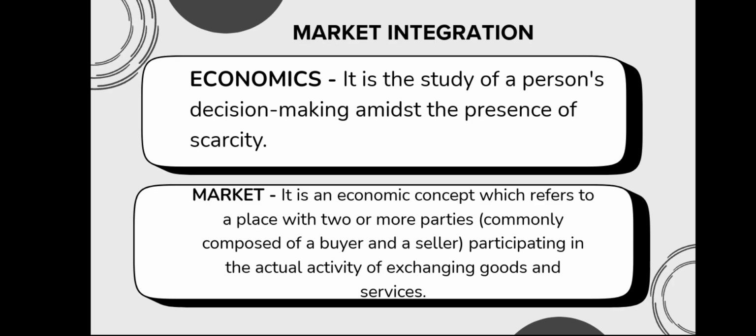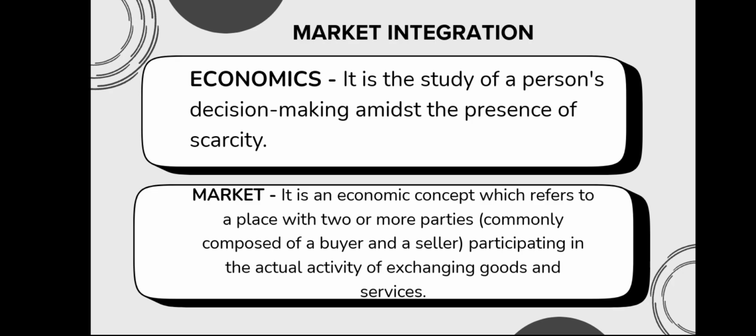Next, market. It is an economic concept which refers to a place with two or more parties, commonly composed of a buyer and a seller, participating in the actual activity of exchanging goods and services. So, market is the place where people buy and sell things. How does market connect to market integration?